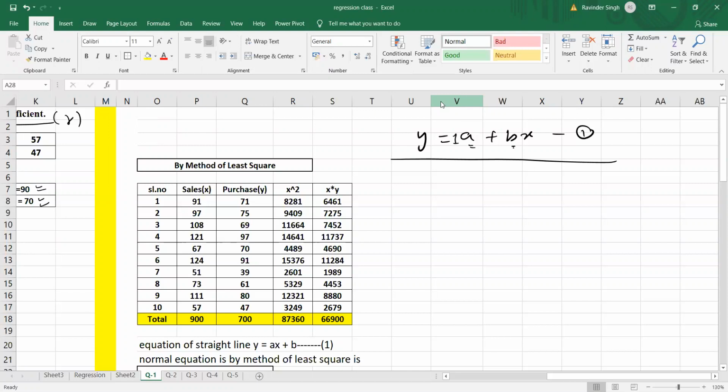What is the coefficient of b? x. First you take the coefficient of a, multiply with it on both sides and take summation on both sides. I repeat once again, multiply with the coefficient of a and take summation on both sides.